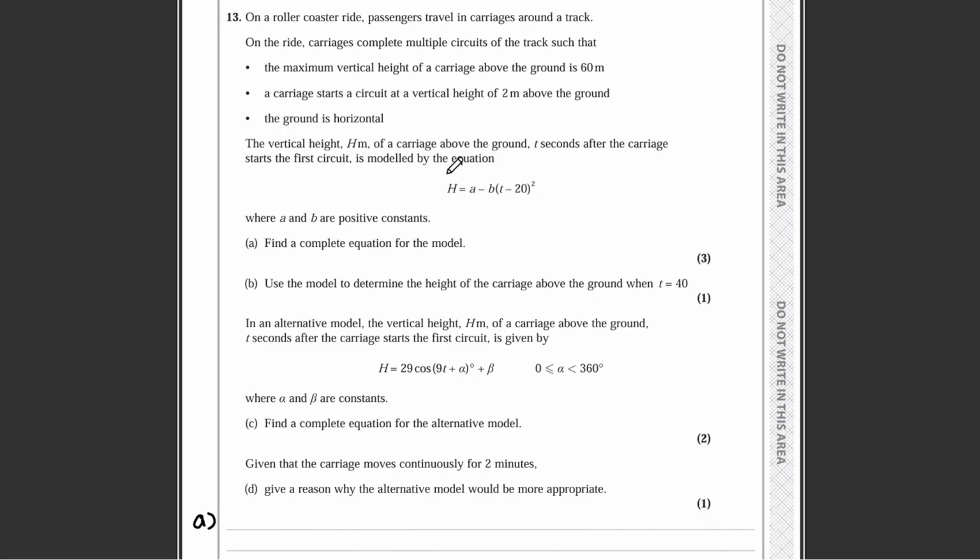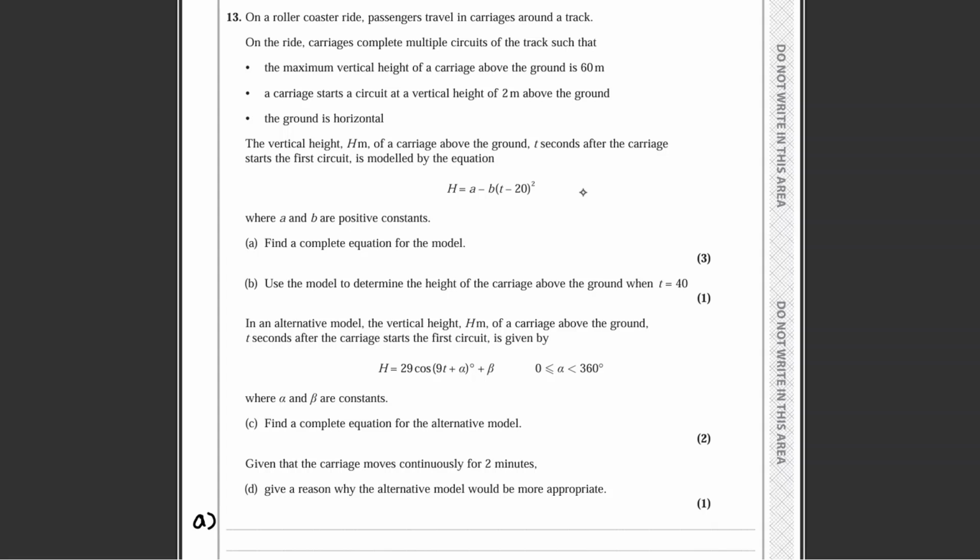Now, if we look at this model here, as I said, this is a quadratic. It's in the completed square format at the moment. If we expanded this out into the quadratic equation, because we have this minus b multiplied by this bracket here, it would be a negative parabola because the coefficient of t squared would be negative.